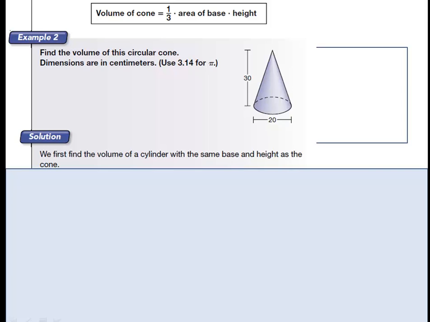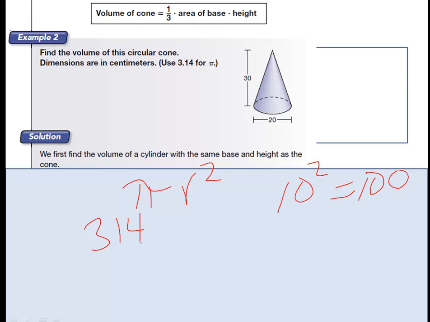All right, let's look at this. The area of the base you have to calculate first, and the area of the base is pi times radius squared. Our diameter is 20, so our radius is 10. 10 squared equals 100. 100 times pi equals 314, and then we multiply that by 30, which is our height, and we get 9420.